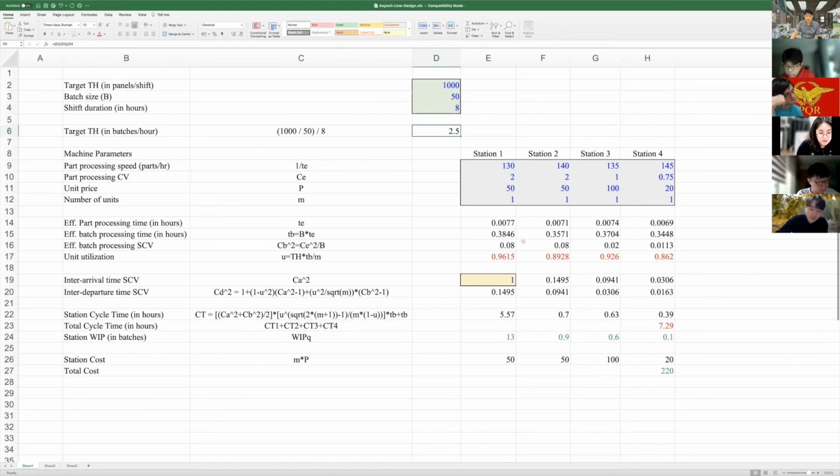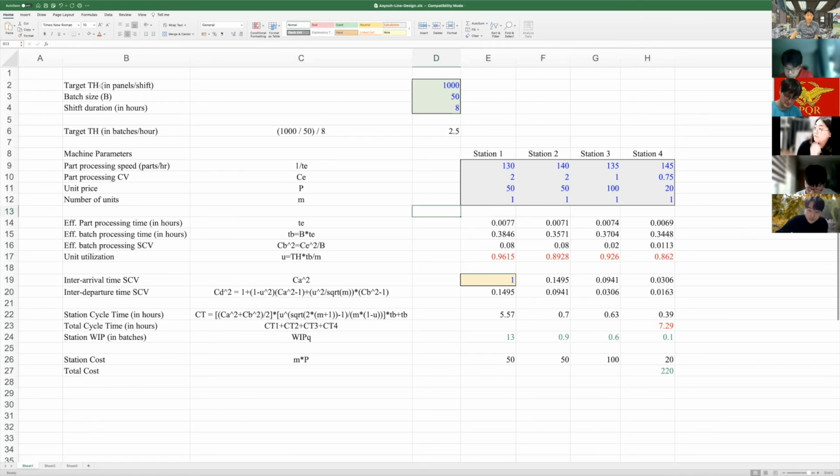The remaining cells are calculated automatically because all these relations were already inserted in each cell. So we can conduct a very simple experiment by use of this Excel.